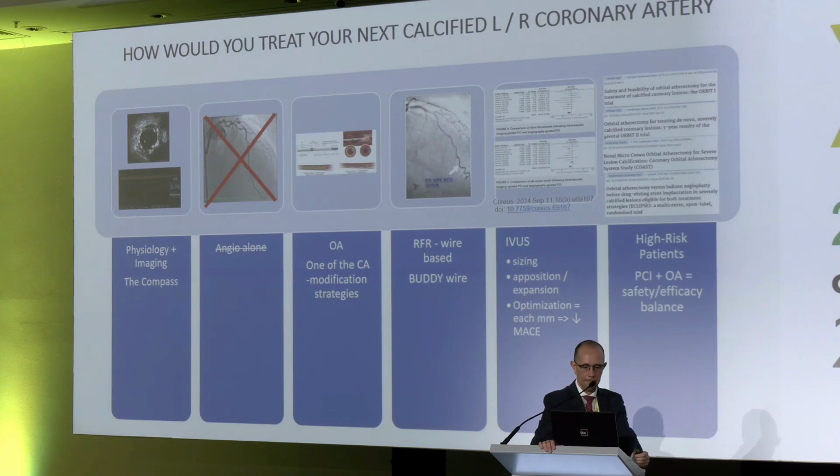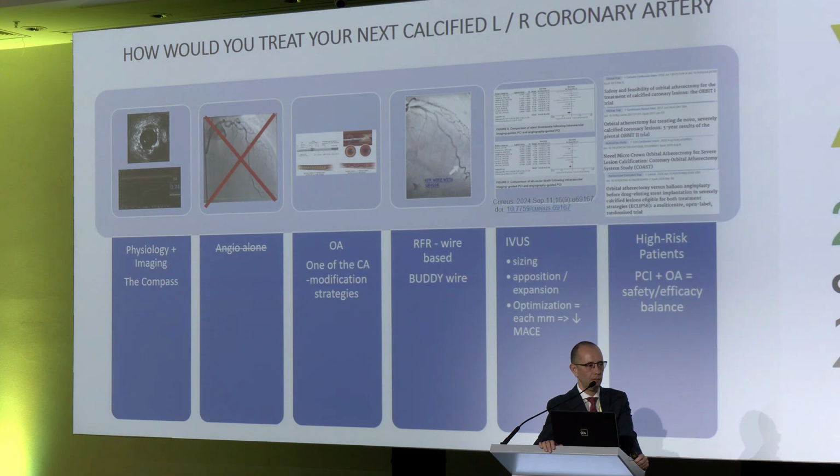And I would ask all of the audience, how would you treat your next calcified left or right coronary artery? Please don't do it only with the angio-guided approach. Use the compass of physiology and imaging combined together. You can use rotablation, you can use orbital atherectomy. It's a very useful and friendly device.